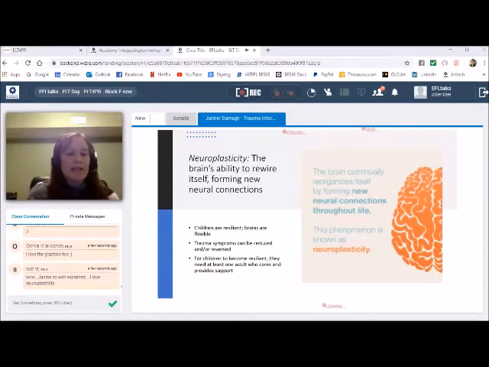Children are resilient and brains are flexible, and we can actually reverse impacts of trauma. And the number one thing that can help students become resilient, the number one thing in their life, is having one adult who is there for them, that they can trust, that's supportive, that they feel completely safe with.